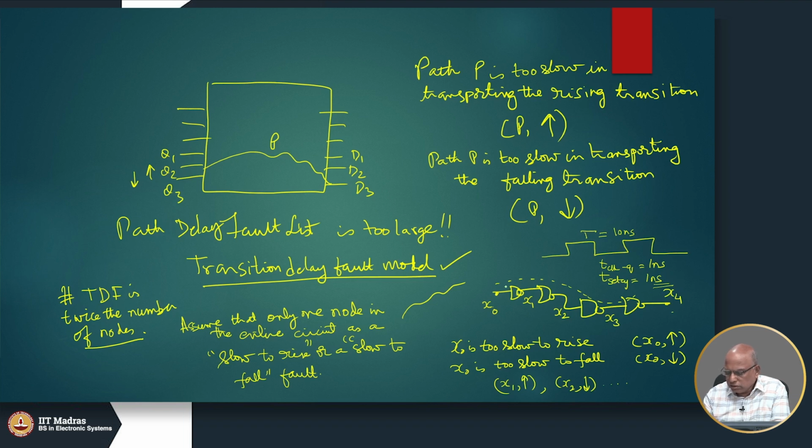So, we are assuming that all the delay is concentrated here. We may know that this delay is 2 nanoseconds, this may be 1 nanosecond, this may be 1 nanosecond and this may be 1 nanosecond. So, totally we have 2 plus 1 is 3, 4 and 5. So, for the fault to occur, we are assuming that this may be having an additional 5 nanosecond delay that will cause the circuit to fail.